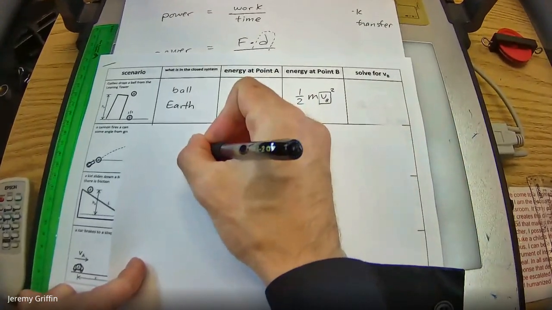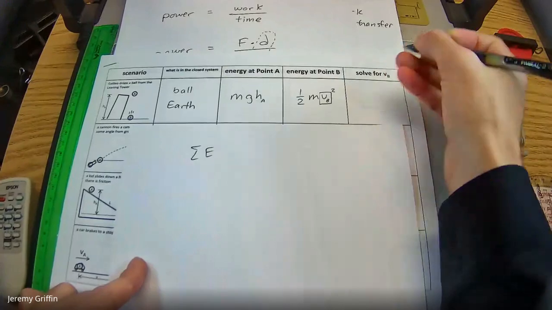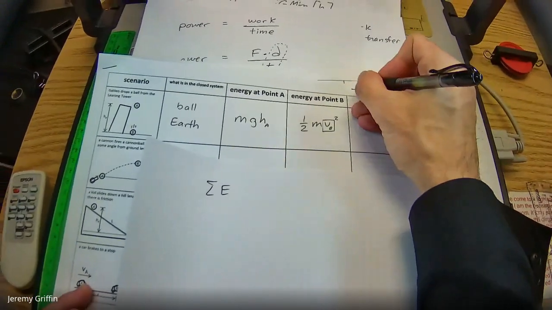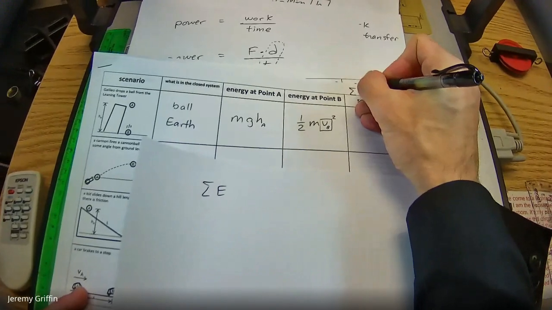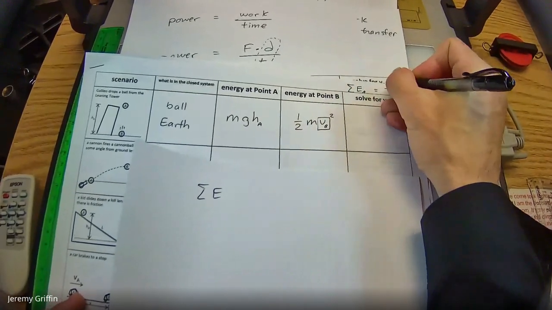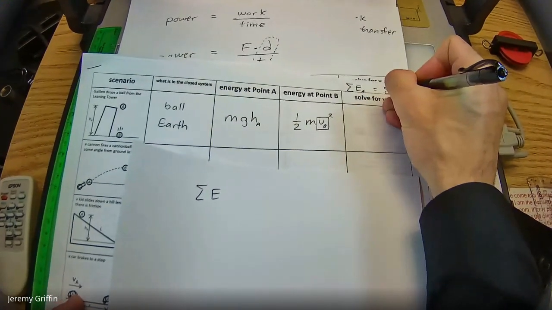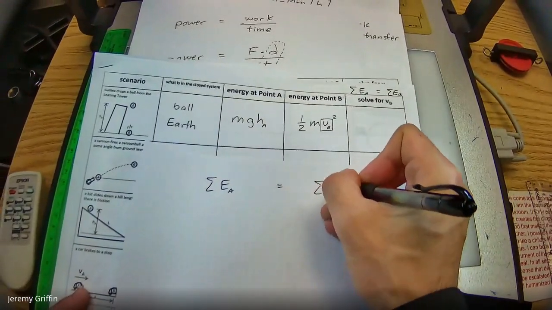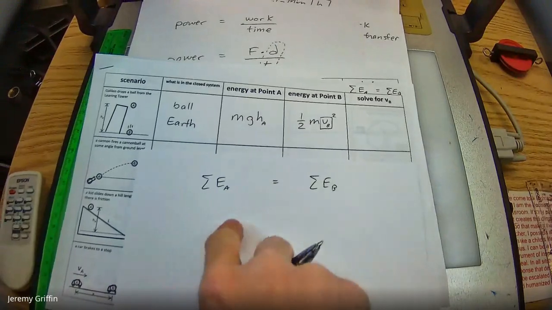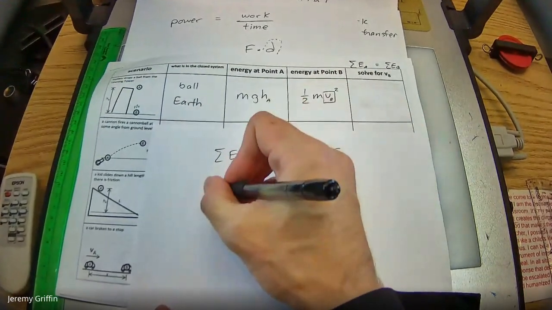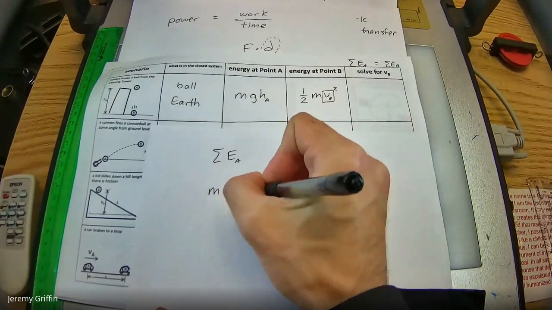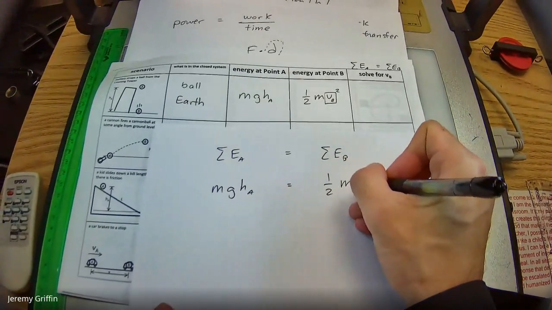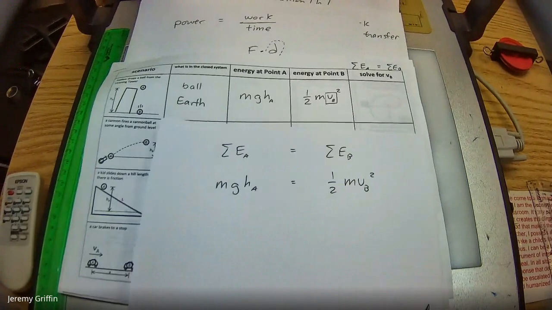But to expand this out, every single process in this last cell starts with a step: the sum of energy at point A is equal to the sum of energy at point B. In this very fundamental example, we have mgh at point A turning into 1/2 mv squared at point B.